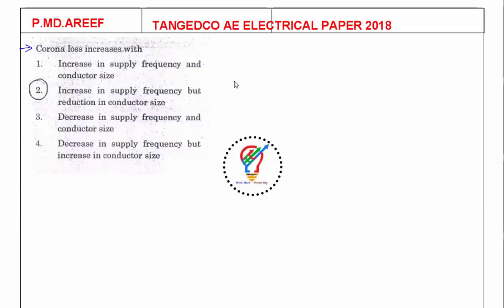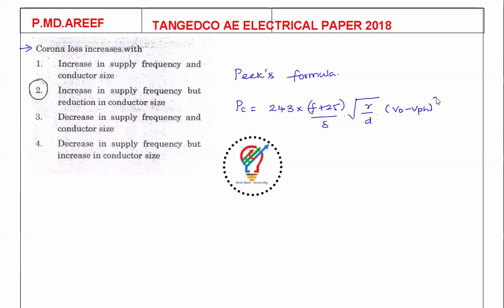So the corona losses are given by Peek's formula, which says that PC is equal to 243 into (f plus 25) divided by delta, into square root of r by d, into (V0 minus Vph) whole square, into 10 power minus 5 kilovolts per kilometer per phase.